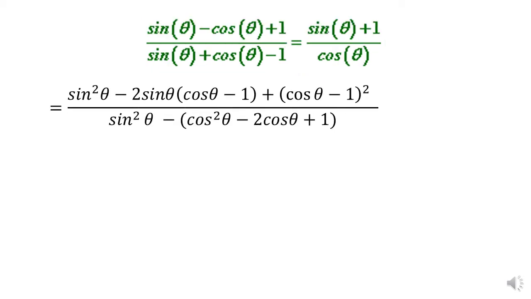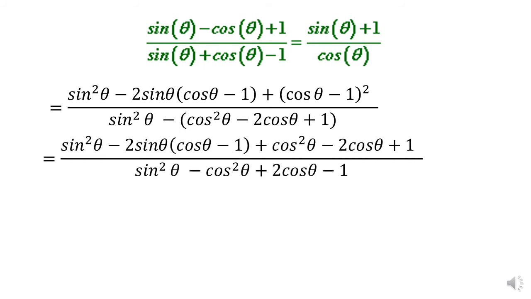Now, to proceed, what we're going to do is group this and this one. Okay. So, what we have is, since sine squared plus cosine squared is equal to 1, what we have is 1 plus 1, so that will give us a 2.